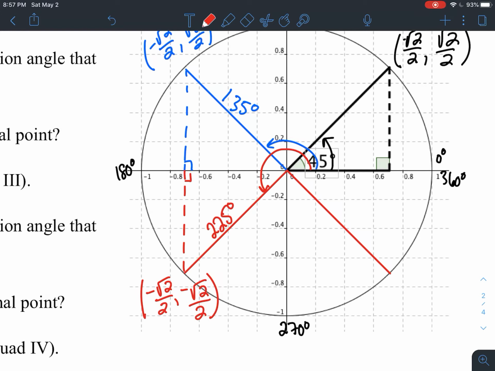Well, that stinks. Anyway, reflecting that one more time over the y-axis again, we're going back over to the positive x value, negative y value. Let's close that completely.